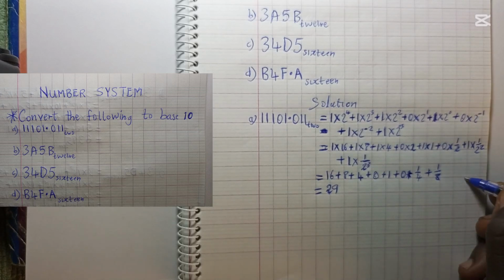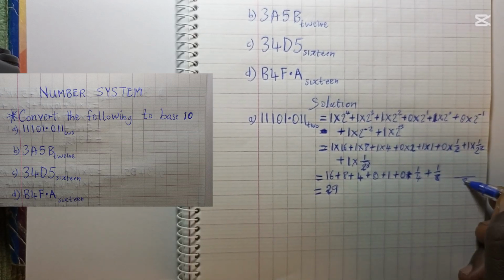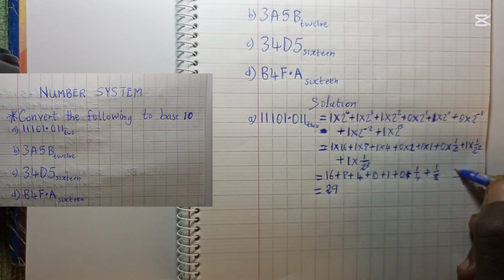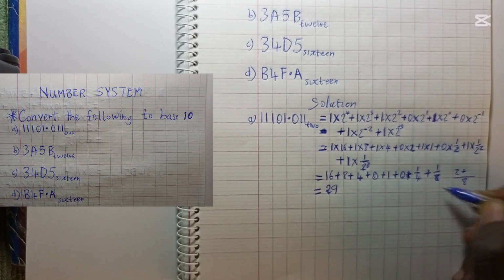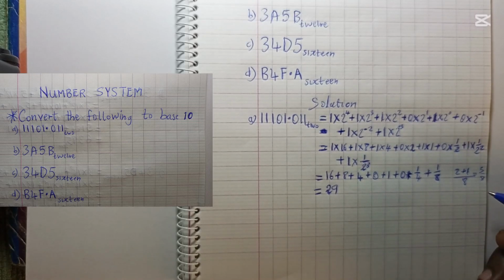LCM of these two is 8. 8 divided by 4 is 2, 2 times 1 is 2, plus 8 divided by 8 is 1, 1 times 1 is 1. So we have this as 3 over 8.